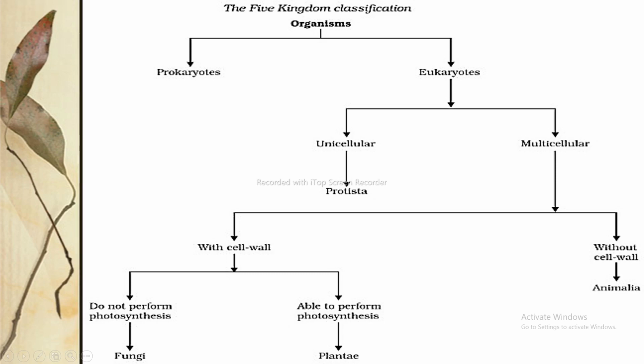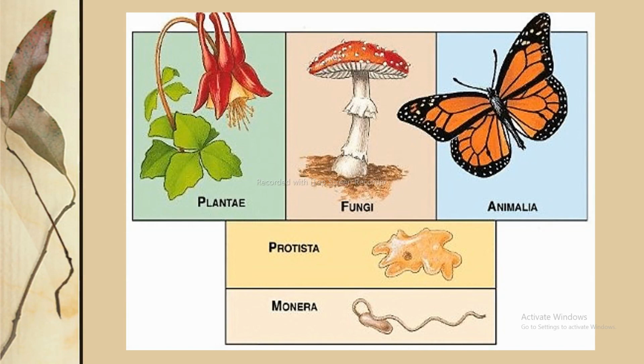On the other hand, with cell wall are further divided into two types: those which do not perform photosynthesis are included in the kingdom Fungi, and those which are able to perform photosynthesis are included in the kingdom Plantae. So these are the five kingdoms which include Plantae, Fungi, Animalia, Protista and Monera.